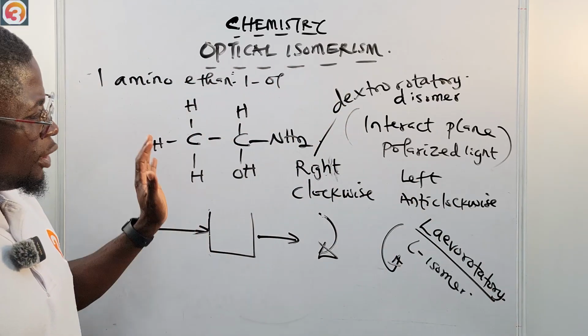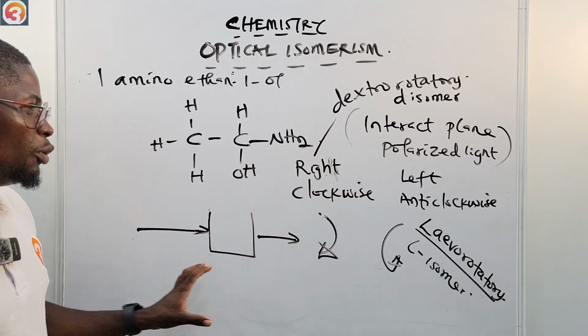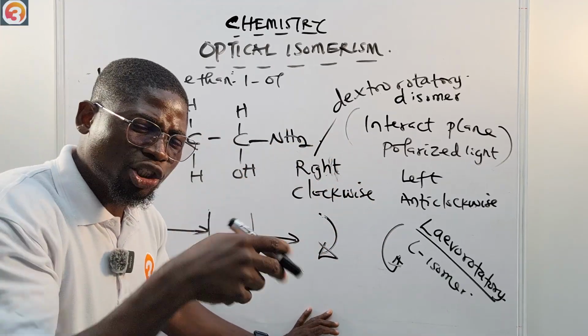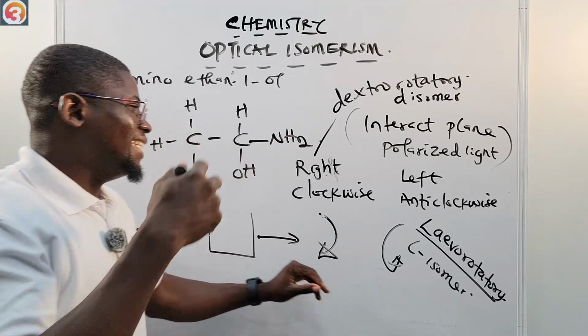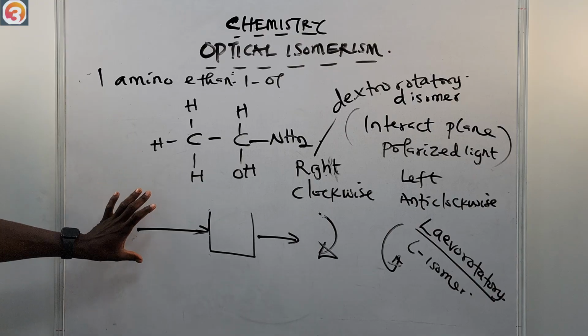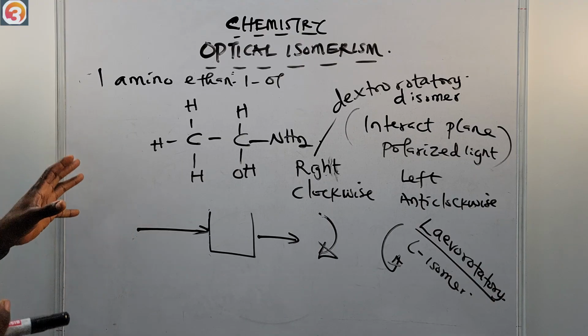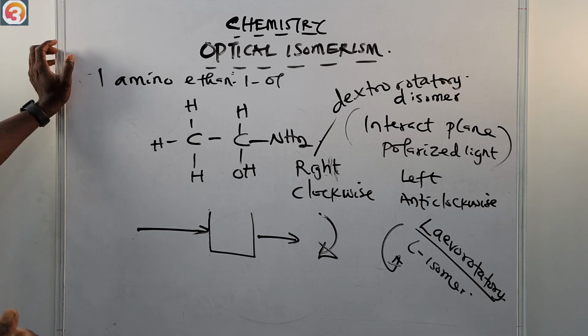Please take note of that. So the effect of the interaction of enantiomer with plane polarized light is rotation in the clockwise direction or in the anti-clockwise direction.